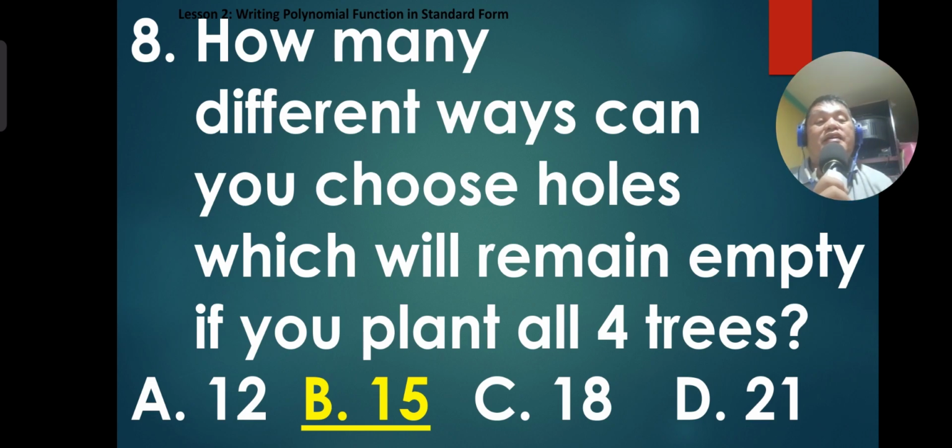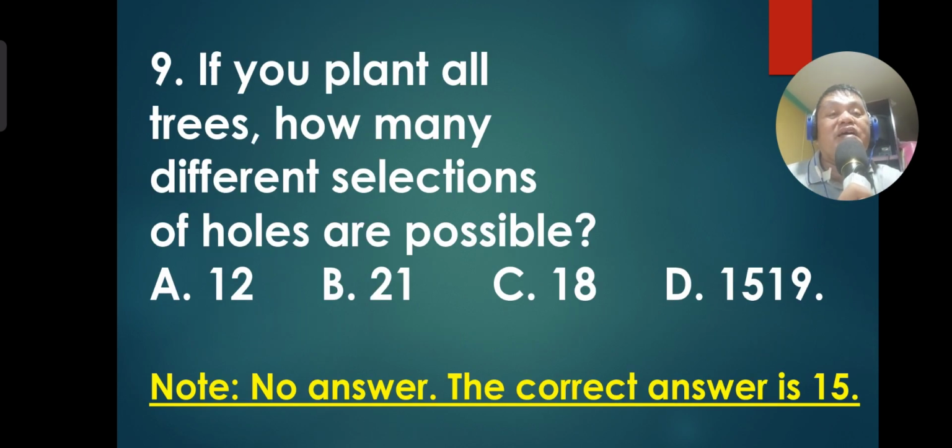Using again the formula in finding the combination of n objects taken r at a time, our possible answer here is equal to 15. We have number 9. If you planted all trees, how many different selections of holes are possible? Again, the answer here is equal to 15.